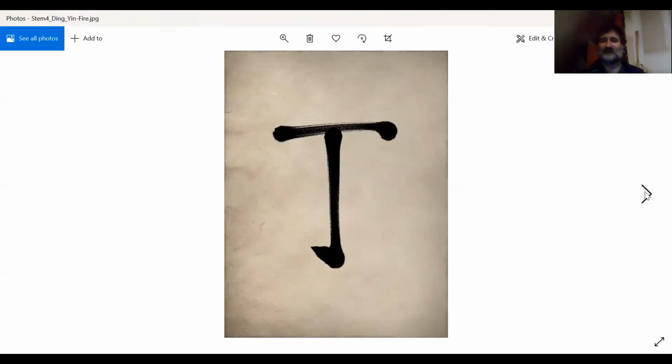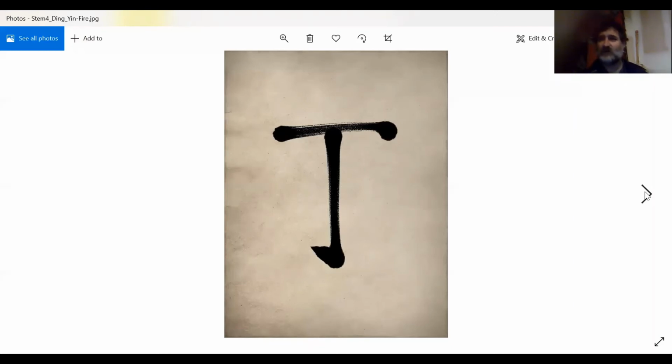Yin fire. See how this is more contained and more focused. Yin fire is gentle warmth, like a nourishing fire at the hearth.